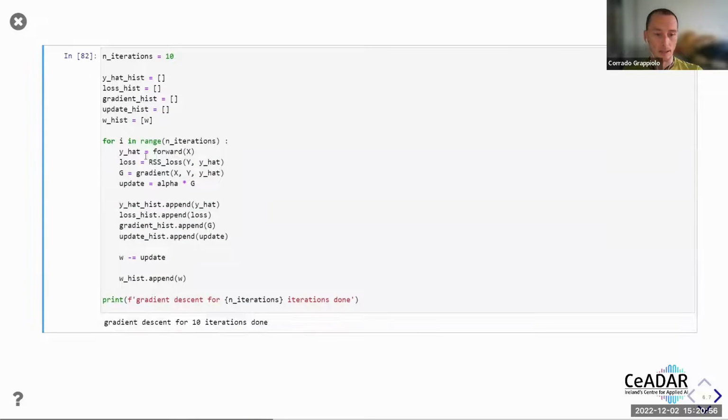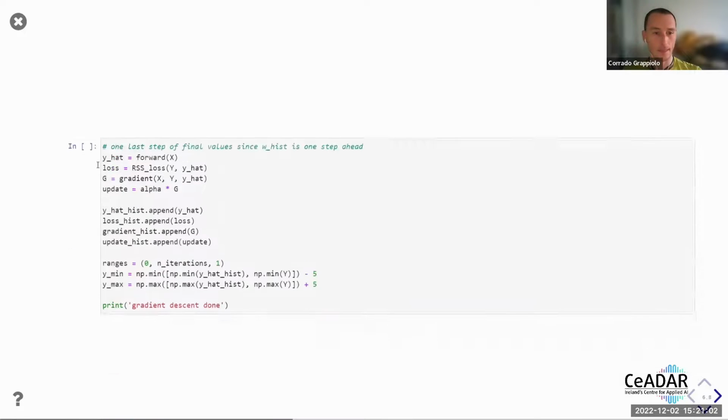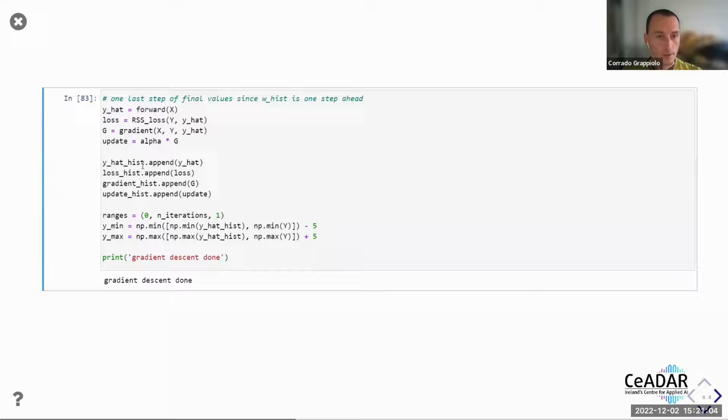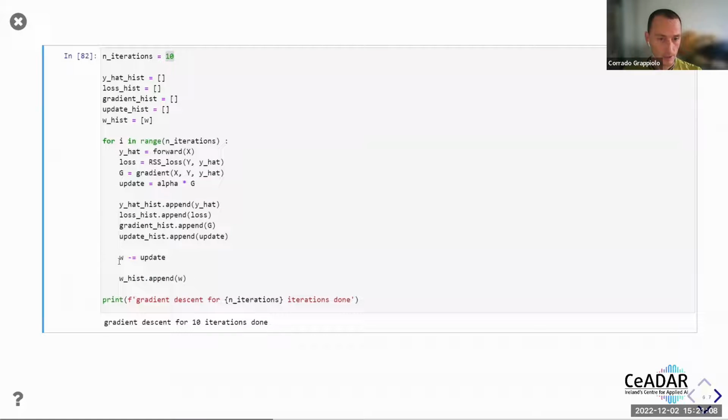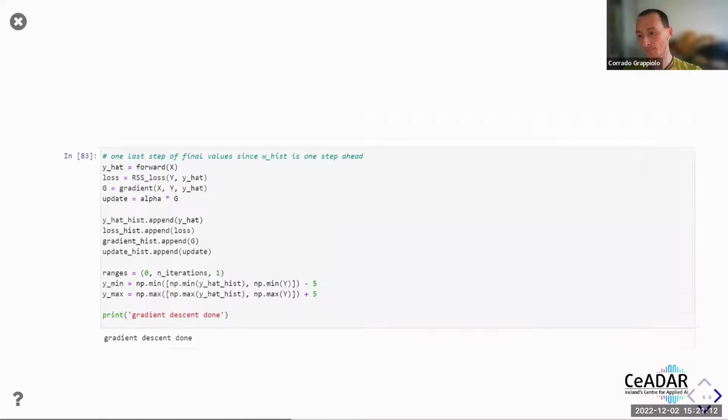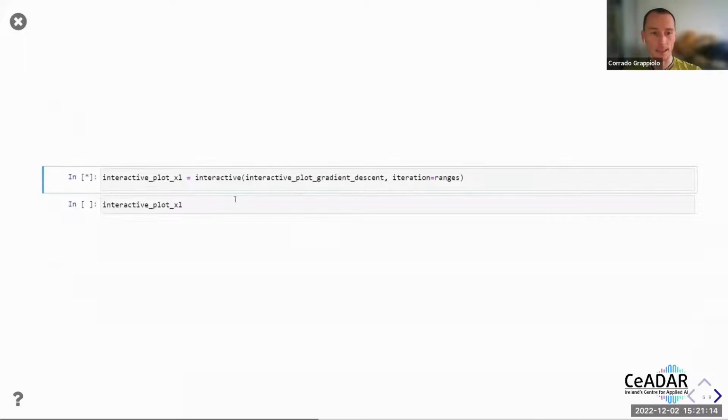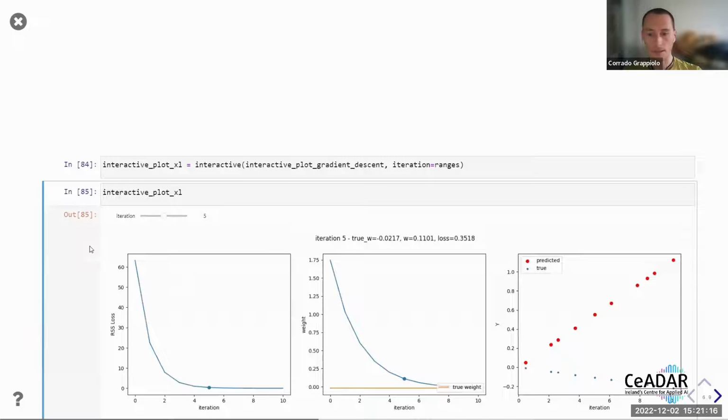We can do that with a certain number of iterations. In this case, we have 10 iterations. Maybe I should go up a second. Here is the equation where we adjust the weights. And what we obtain in the end is this.